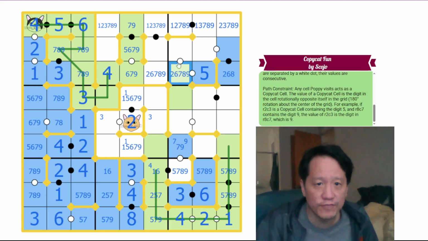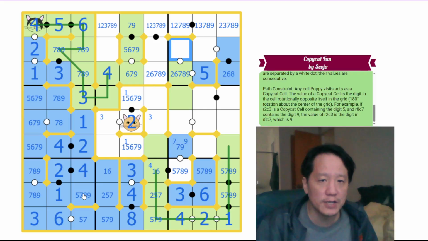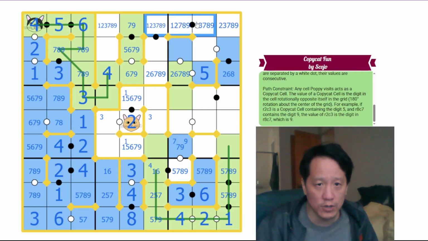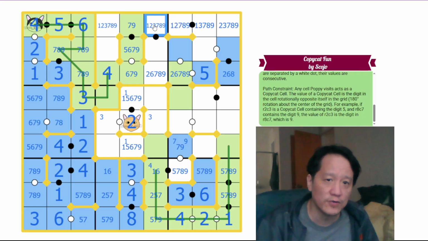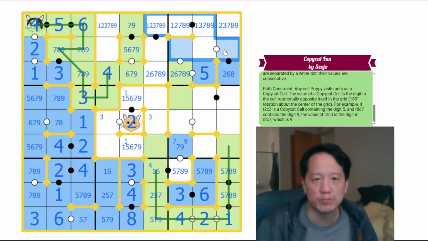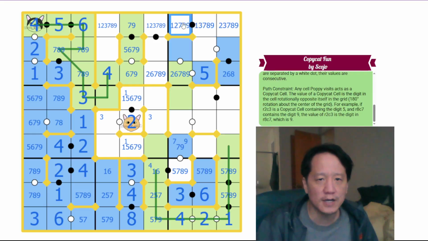This is a value of 4, so this must be a 3 in value. It cannot be copycat. So this is not copycat either. Therefore, you cannot go copycat here, because if you had copycat, where does it go? It's blocked. So this is not copycat in any of these cells here either.